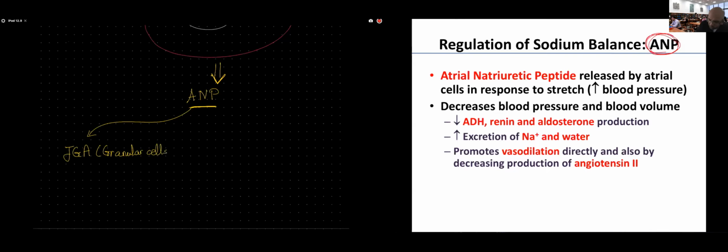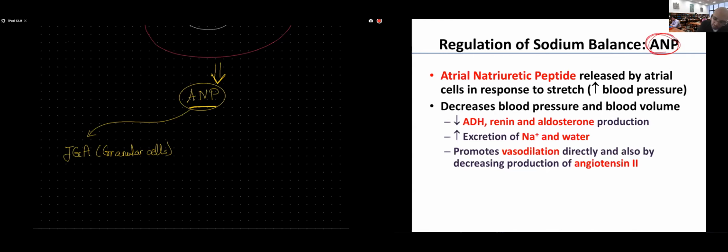Remember, granular cells were detecting a reduction in the blood pressure, and this reduction caused the granular cells to release renin, which triggered the activation of angiotensinogen into angiotensin 1 and so on. So ANP is going to be doing what here to the juxtaglomerular apparatus?